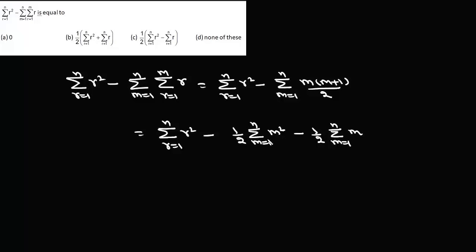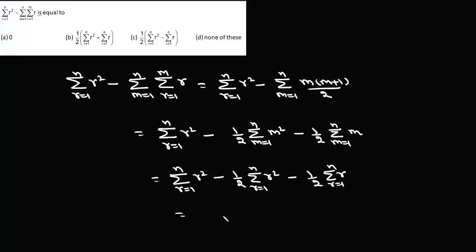Now when the limits of summation go from 1 to n, the variable doesn't matter. So rather than taking it as m, we'll write it as r. We can write simply summation r from 1 to n of r square, minus 1 by 2 summation r square, r from 1 to n, minus 1 by 2 summation r from 1 to n.